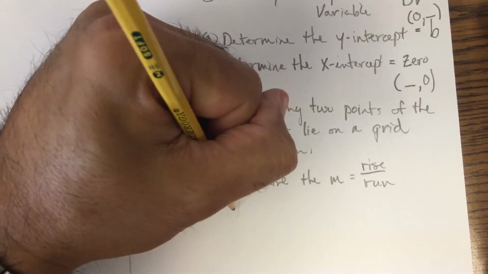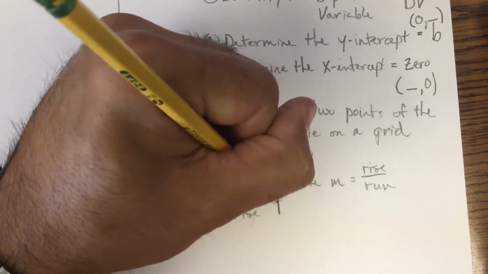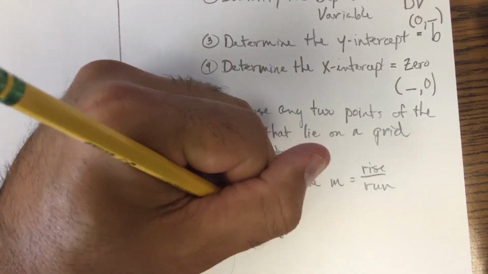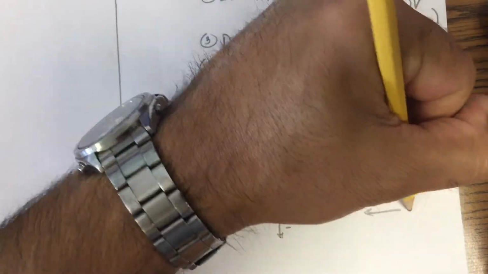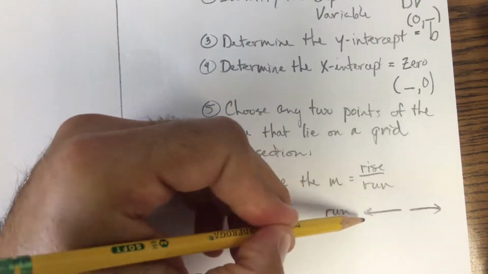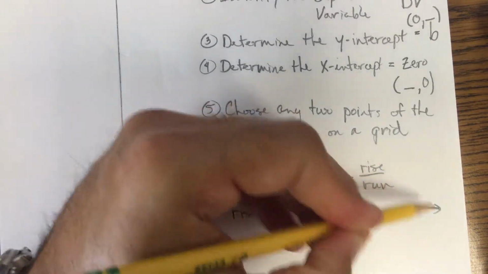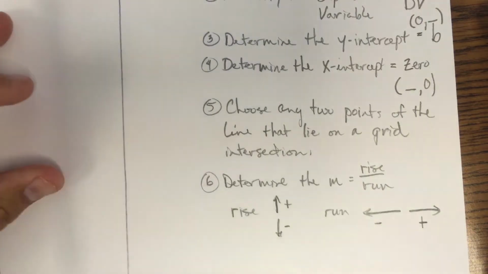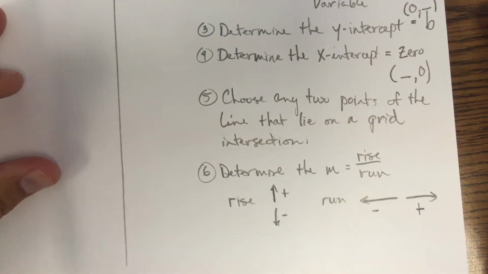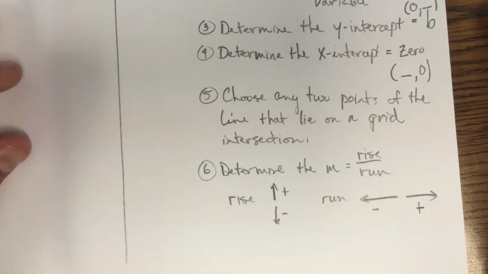So when we're talking about the rise, going up is positive, going down is negative. When we talk about the run, going to the left is negative and going to the right is positive. And if we don't get our signs right, then we end up making an error. Even though we get the right fraction or we get the right number, if our signs are wrong, then the entire slope is wrong.